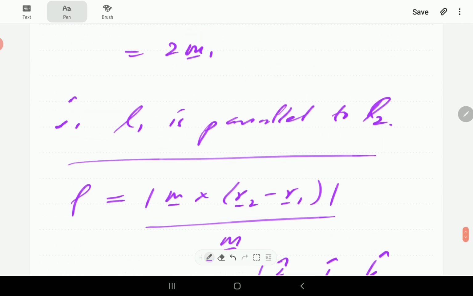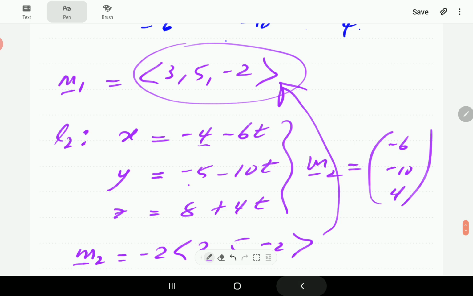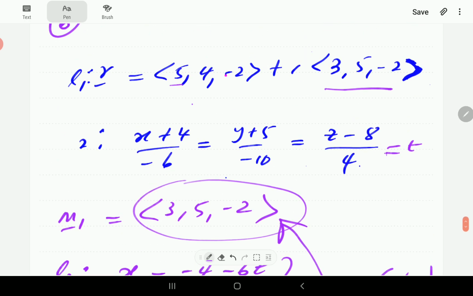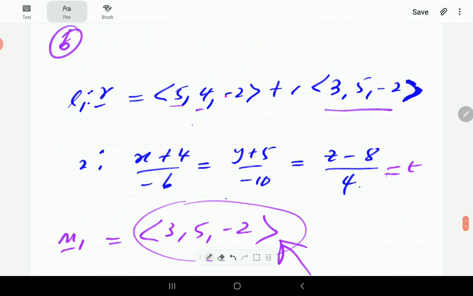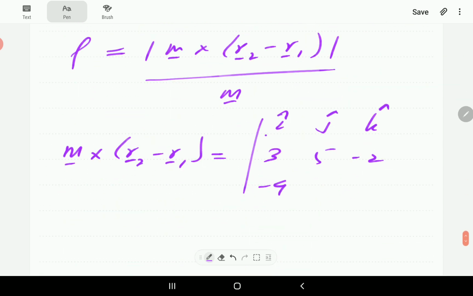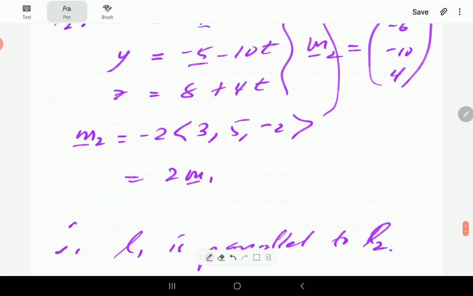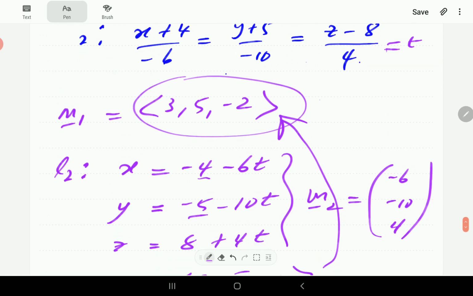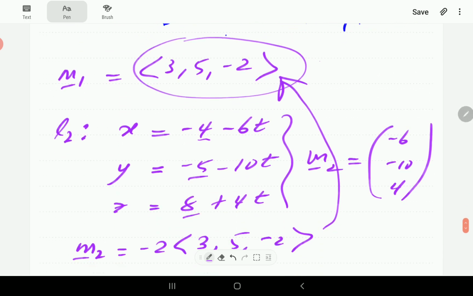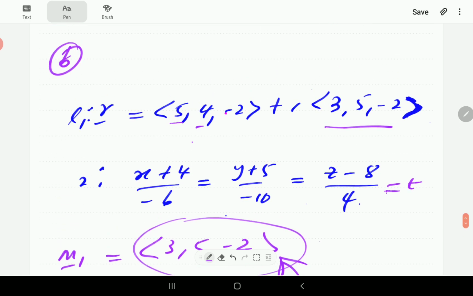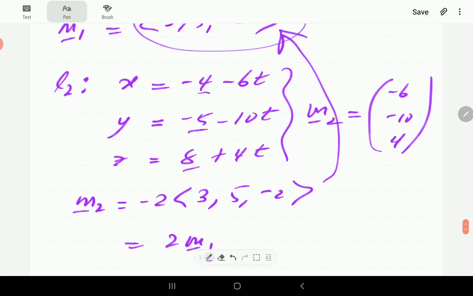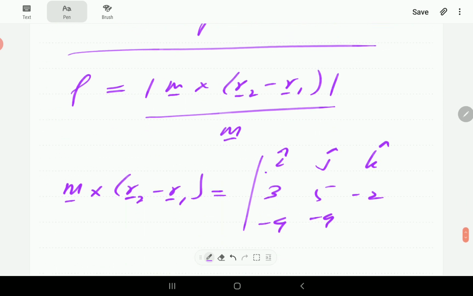Next, minus 5 minus 4, that's minus 9 again. Then last we are going to do minus 8, take away negative 2, so it's going to be 10.